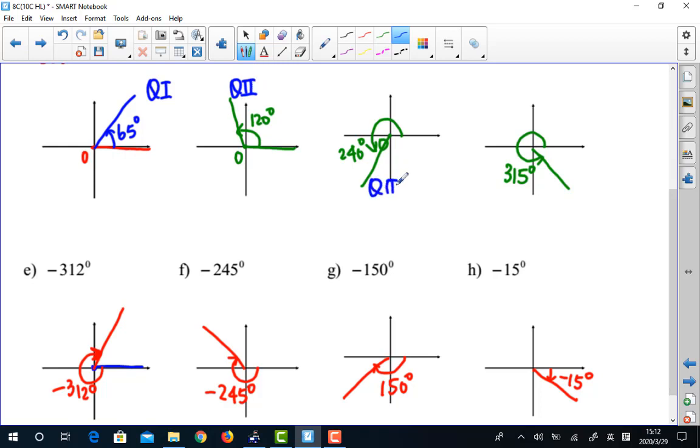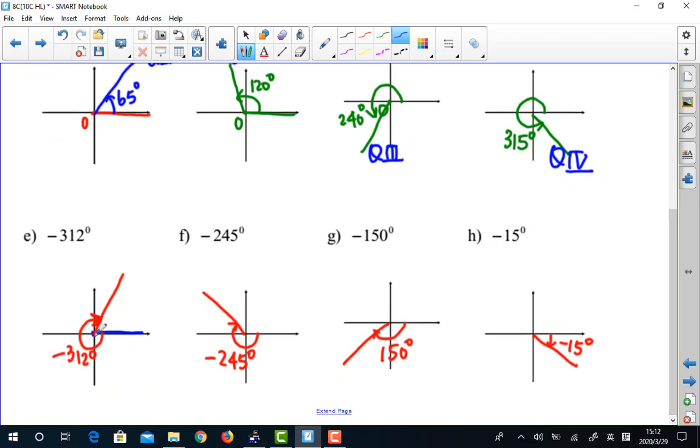Quadrant 3 angle, quadrant 4 angle. Negative angles are the same. I only look at in which quadrant the terminal arm terminates. So this one terminates in the first quadrant. So I will call quadrant 1 angle, quadrant 2 angle, quadrant 3 angle, quadrant 4 angle.